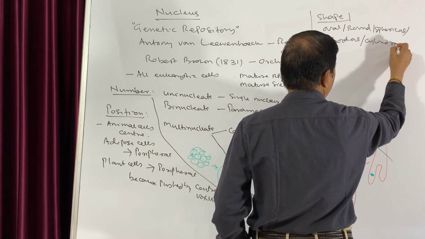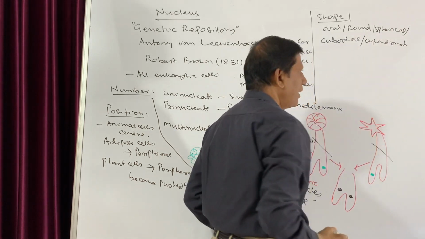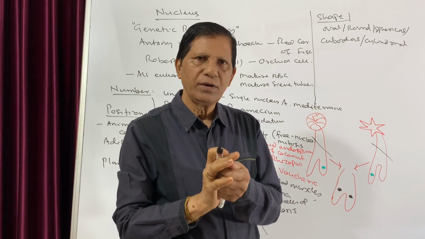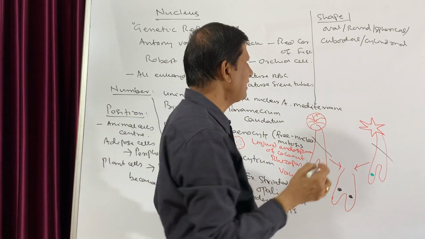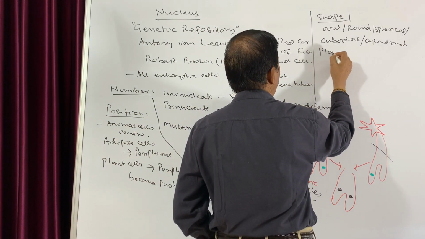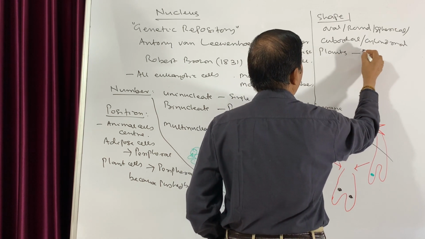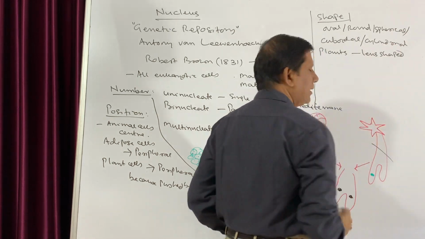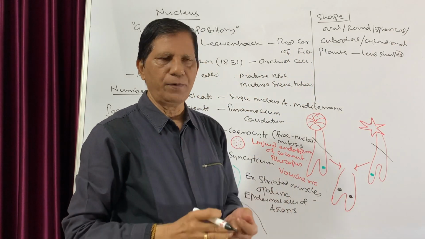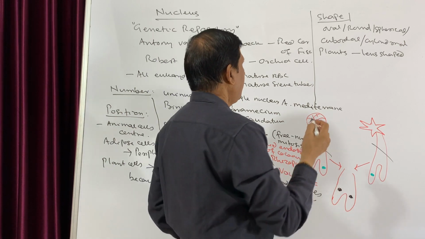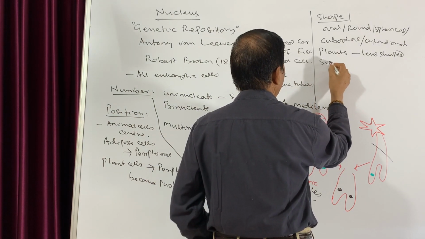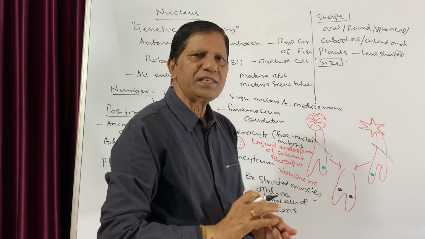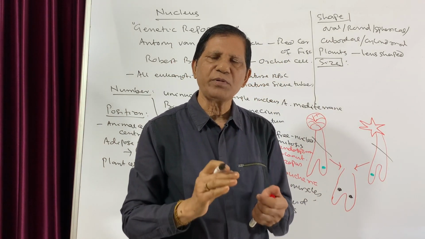Any type of shape is there. But in plants, since it is pushed by the vacuole, it is usually lens shaped. So this is regarding shape. Now come to the size of the nucleus. Usually the size of the nucleus also varies from cell to cell.